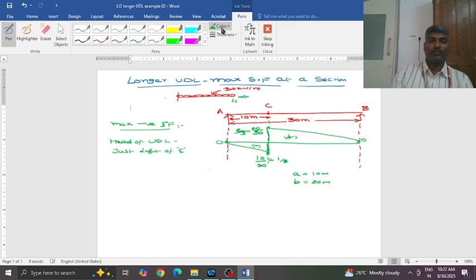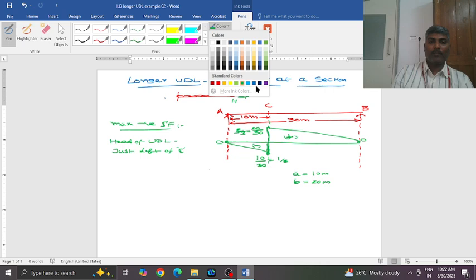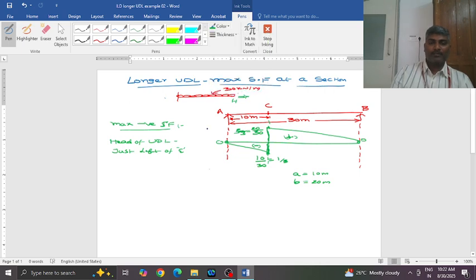I'll draw that position of the UDL with a different color. So now this is the UDL position. I'll break this here; it shows that the span is still there. Now the value of this UDL is 30 kilonewton per meter. Why does it have to take this position?